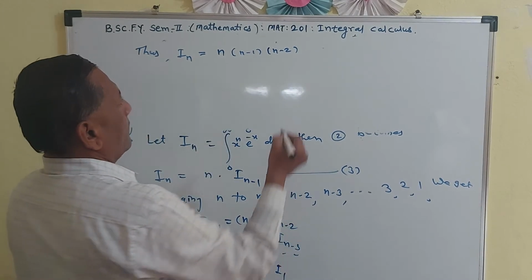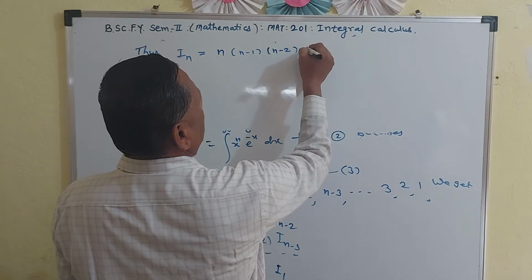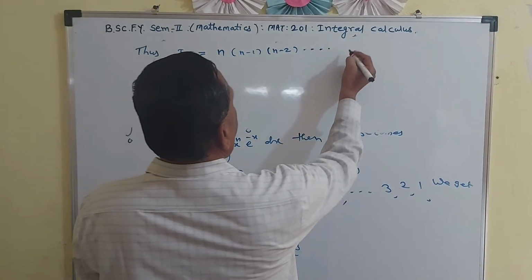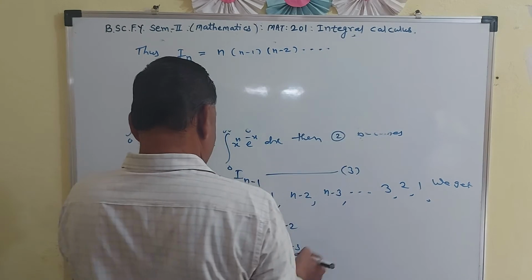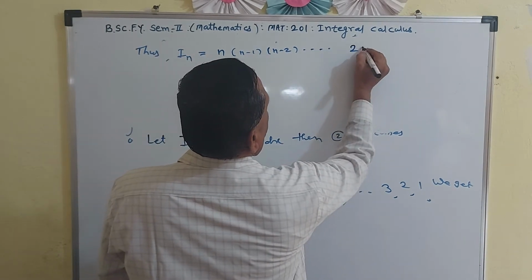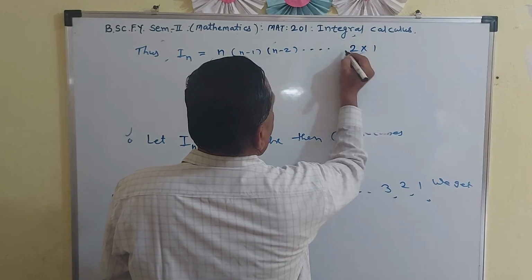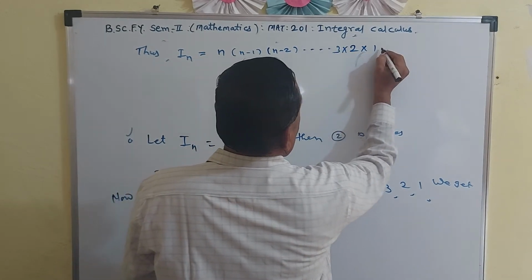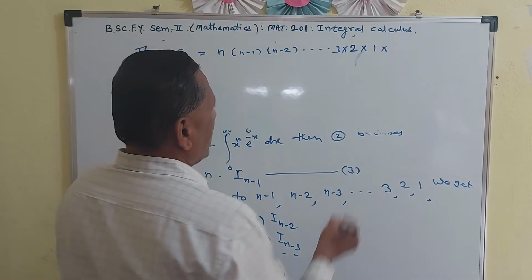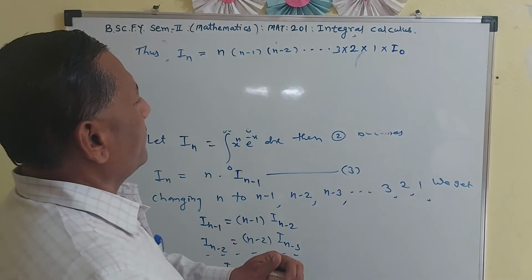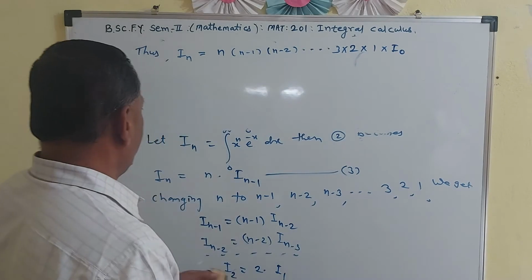Next value, n minus 3 into In minus 4 and so on. So it is equal to 2 into 1, and previous of that is 3 into 2 into 1 into I0. Now you need only to find the value of I0.